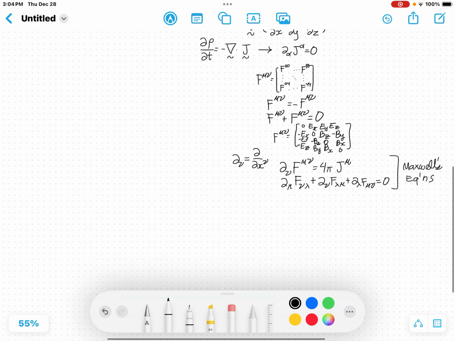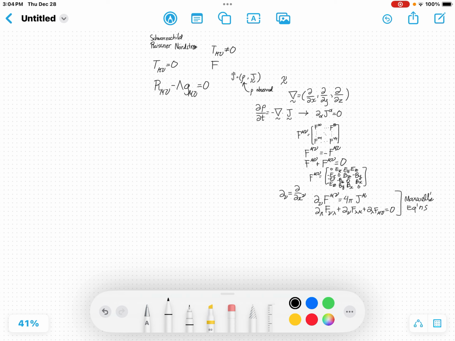As for that, my point right now is that this F mu nu is a component of my stress tensor, right? This is non-zero because the Reissner-Nordstrom metric takes into account a charged black hole that isn't spinning.